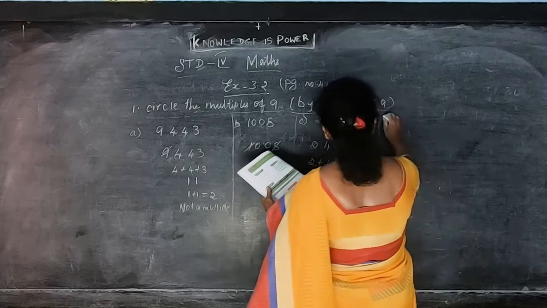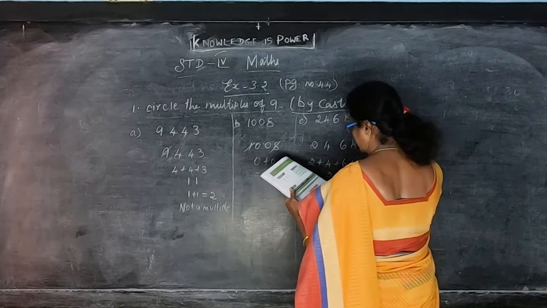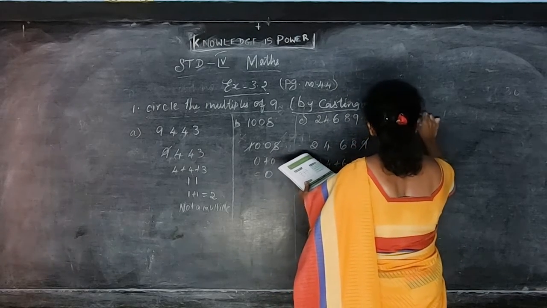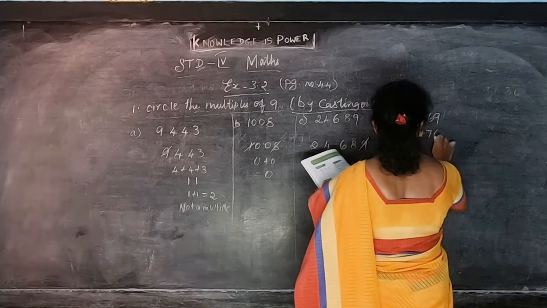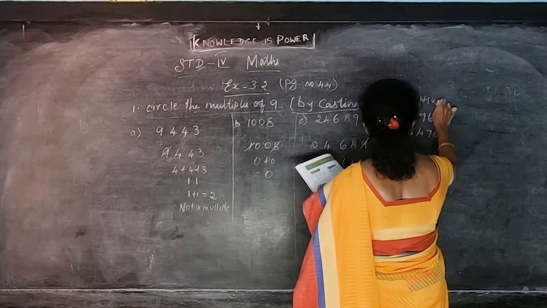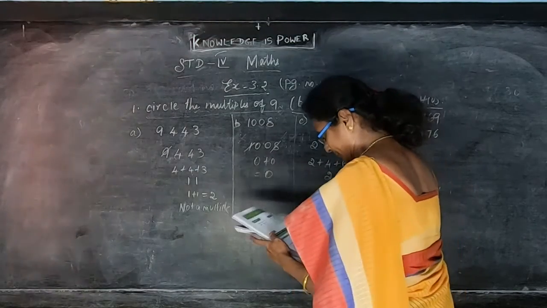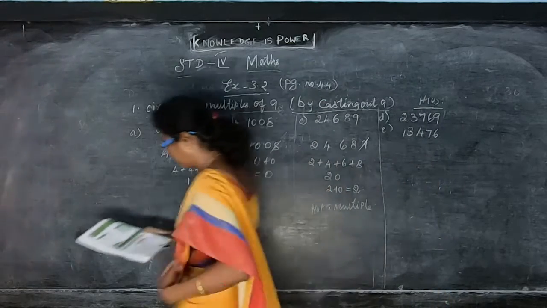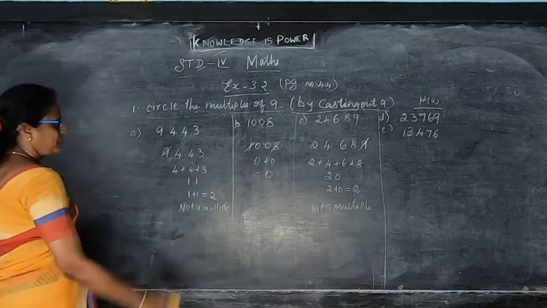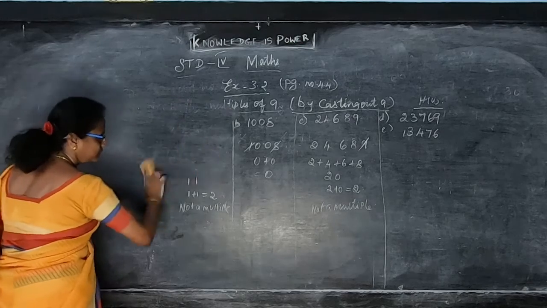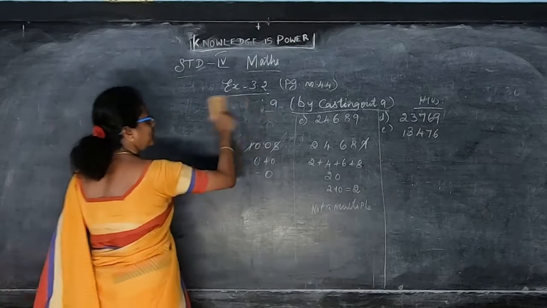Like this, D and E sums you do: 2 3 7 6 9 and 1 3 4 7 6. This is the homework. Okay. Now check out the addition fact. Sum number 2, the same page.